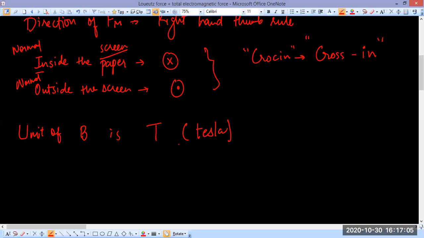This is the SI unit. એક બીજું Gauss છે, and then there is one Gauss, right? This is the CGS unit or non-SI unit, right?